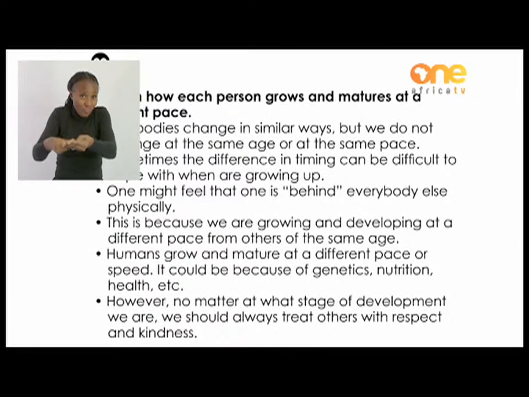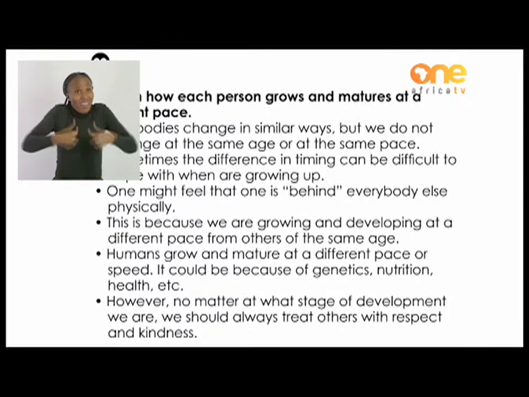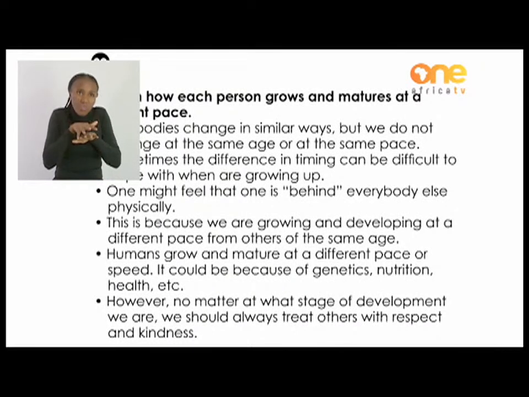It can be nutrition. Because of what we eat, we don't eat the same thing every day. Or different houses have different meals. It can also be because of health. Some people might have diseases that can prevent them from growing fast, which may make them grow very slowly.